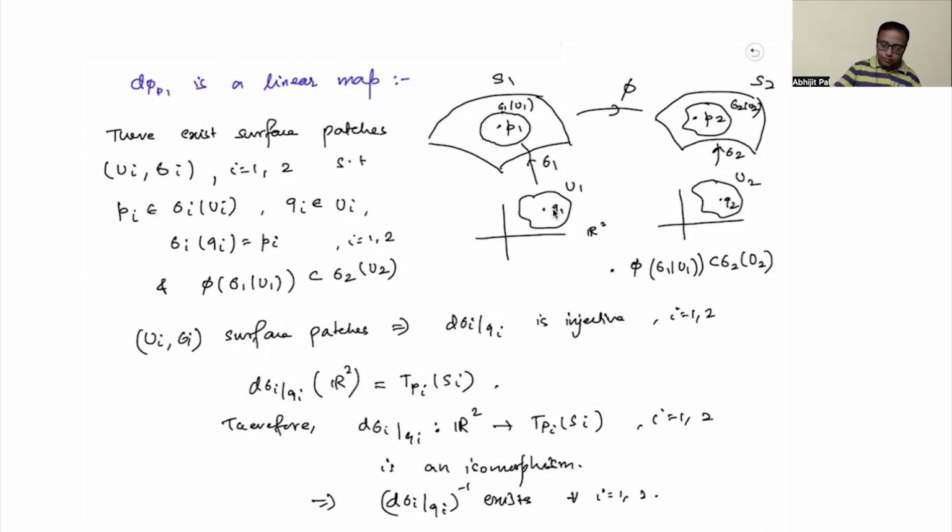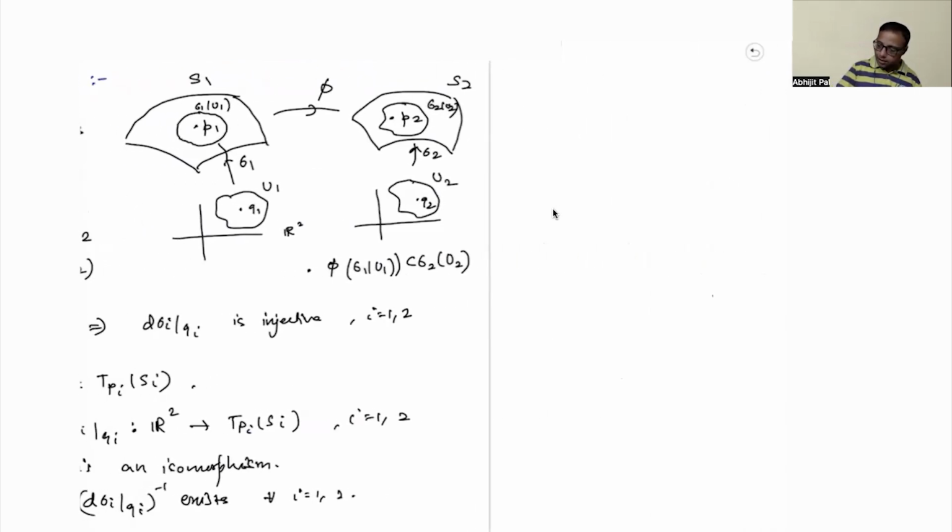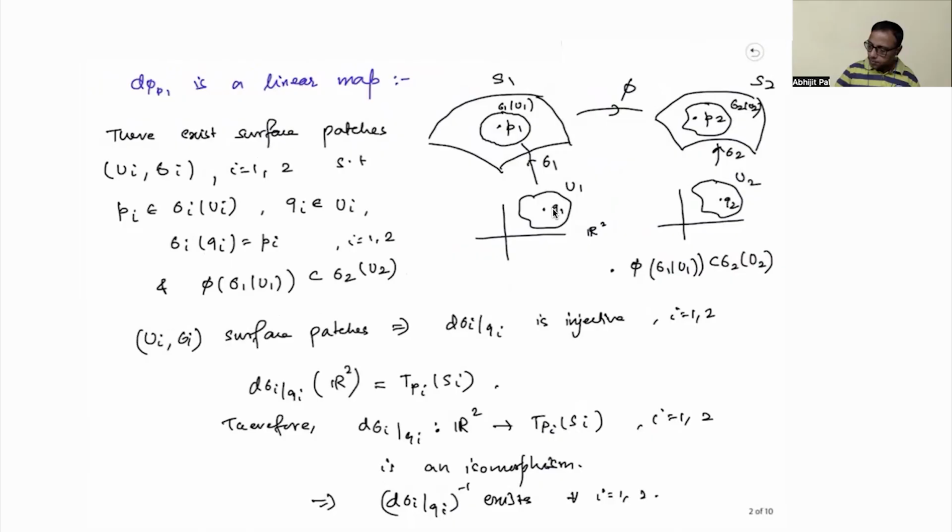Okay, so now we have this here. Note that from U1 to U2, I have another map, which is nothing but sigma 2 inverse compose phi compose sigma 1.